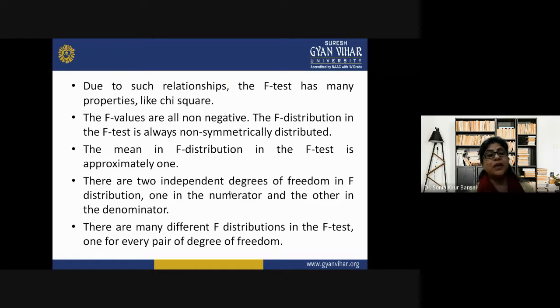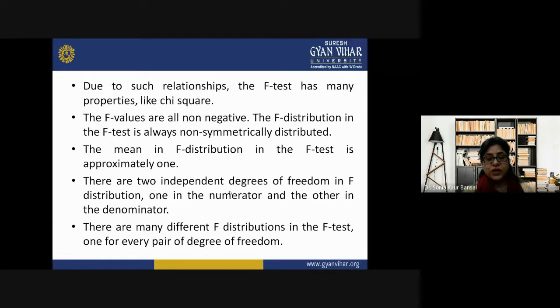Just remember, the mean in the F distribution is approximately 1. There are two independent degrees of freedom in the F distribution, one in the numerator and the other in the denominator. Both the numerator and denominator have equal importance. So there are many different F distributions in the F-test.